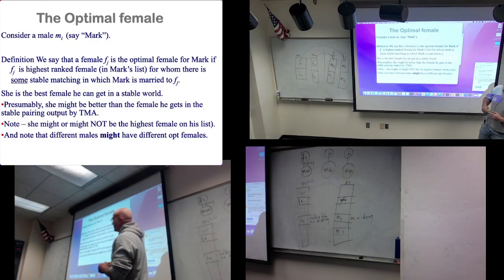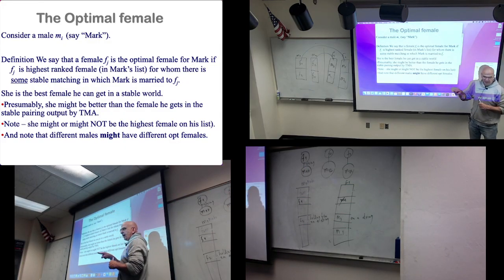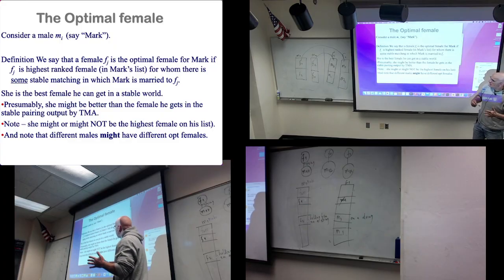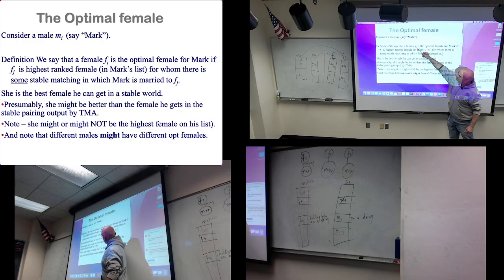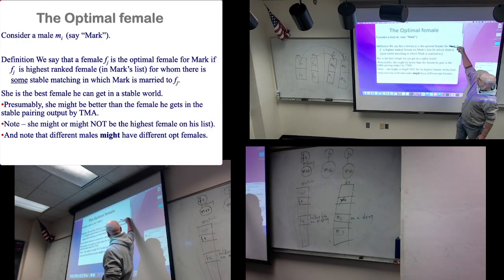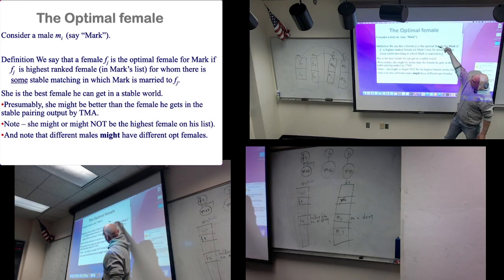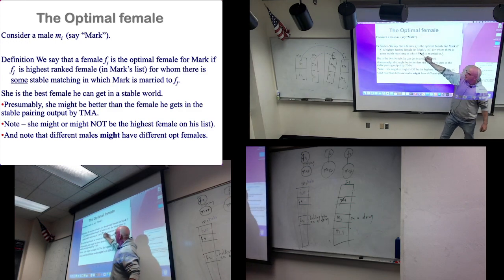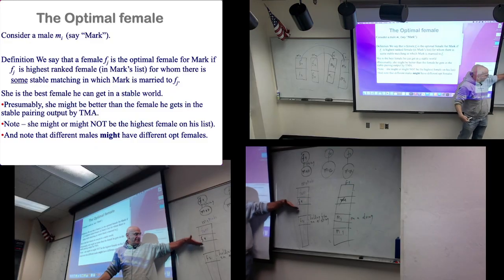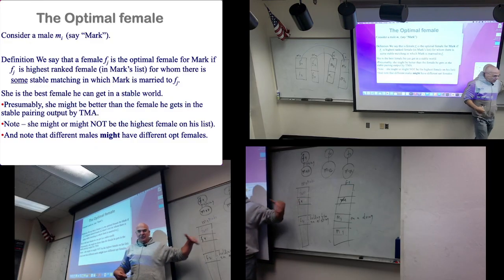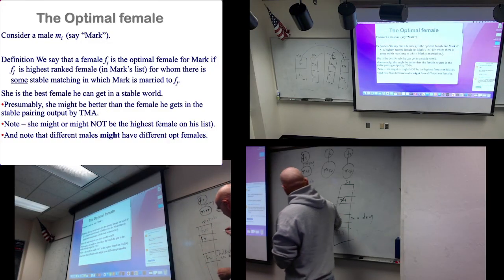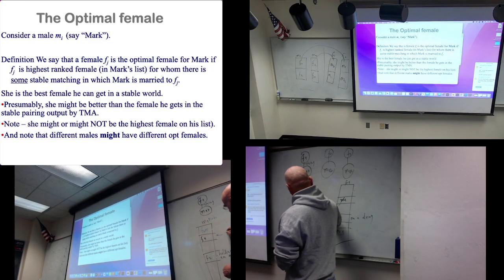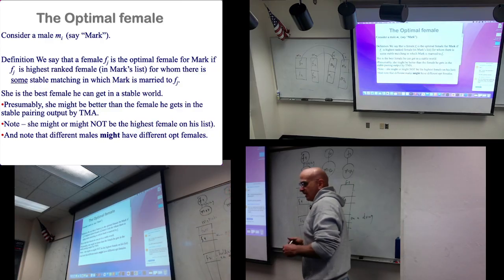But it's possible that there are different stable matchings in which he's getting different females. So I'll say that female J is the optimal female for Mark if in his list she's the highest female he can get in the whole world, where I can find a matching for everybody else, and he gets her.